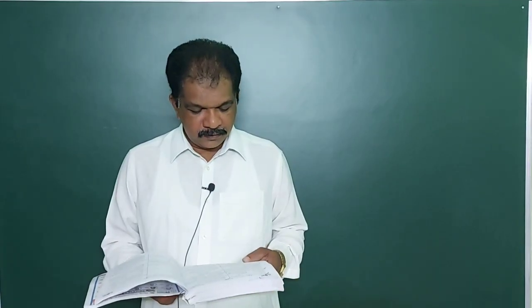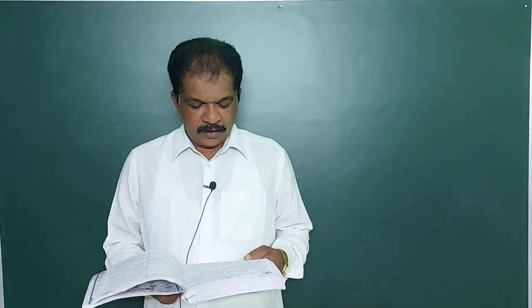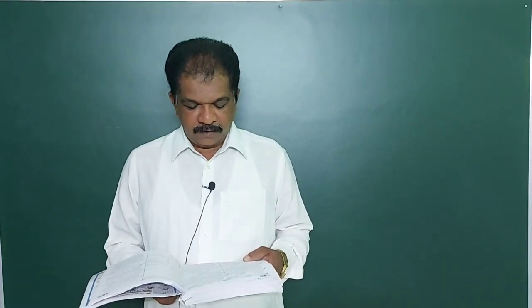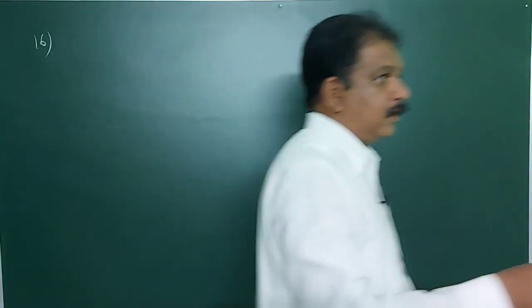See the 16th question. For the given digital circuit, write the truth table and identify the logic gate it represents.